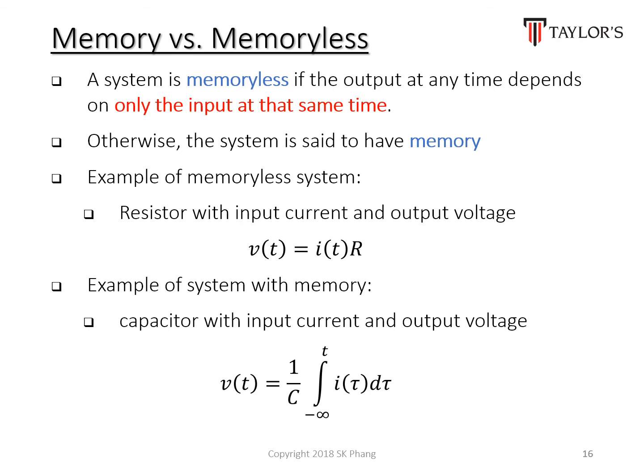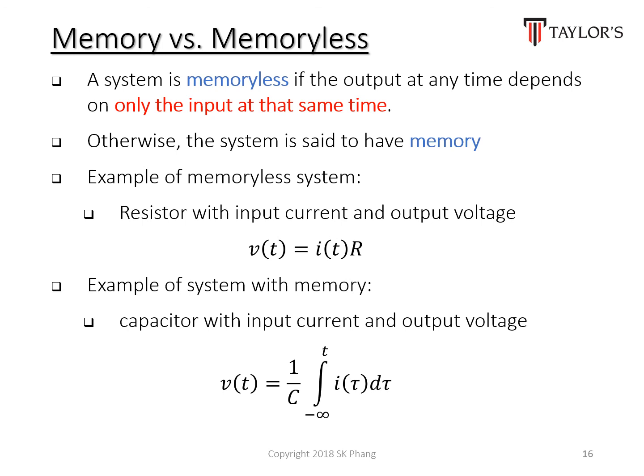So in the previous slide, you learned about causal and non-causal systems. A causal system depends only on present input or past input. It can be further split into two different types of systems called memory and memoryless systems.